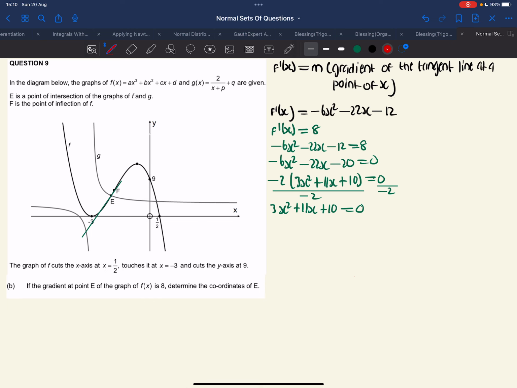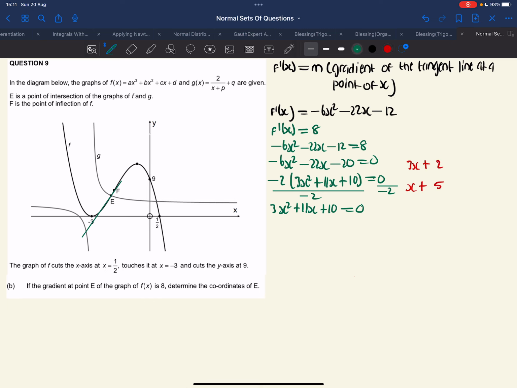So the factors that make up x squared are only 3x and x, and the factors that make up 10 are 5 and 2. So we can put 5 and put 3. Seeing there's a plus and a plus, both brackets are going to have a plus. Let's try it this way.